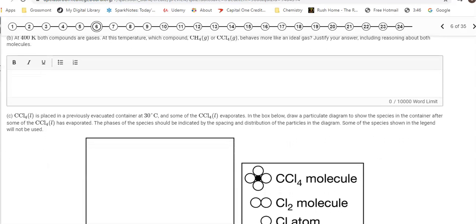C, CCl4 is placed in a previously evacuated container at 30 C, and some of the CCl4 evaporates. In the box below, draw a particulate diagram that shows the species in the container after some CCl4 evaporated. The phase of the species should be indicated by spacing.